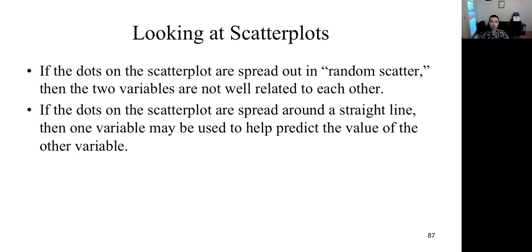Okay. And if we can find that correlation, then variables may be used to help predict the value of other variables. For example, if we can find the correlation between temperature and the strength of the concrete specimen, then we probably can predict the strength based on its temperature. Just to give you an example.